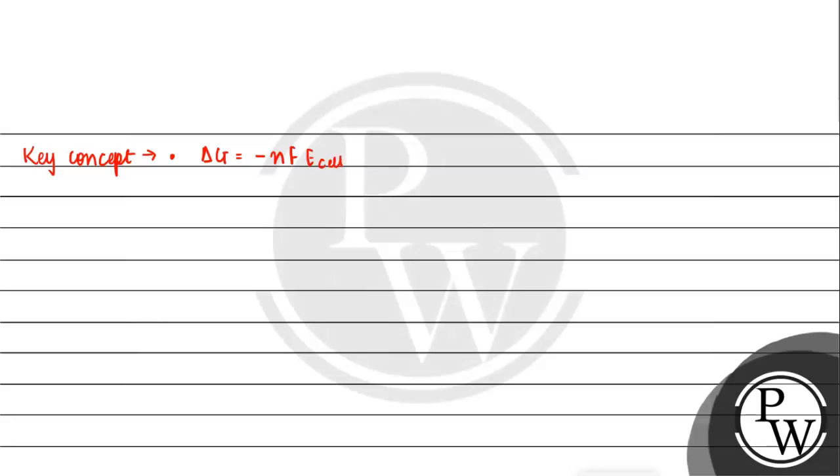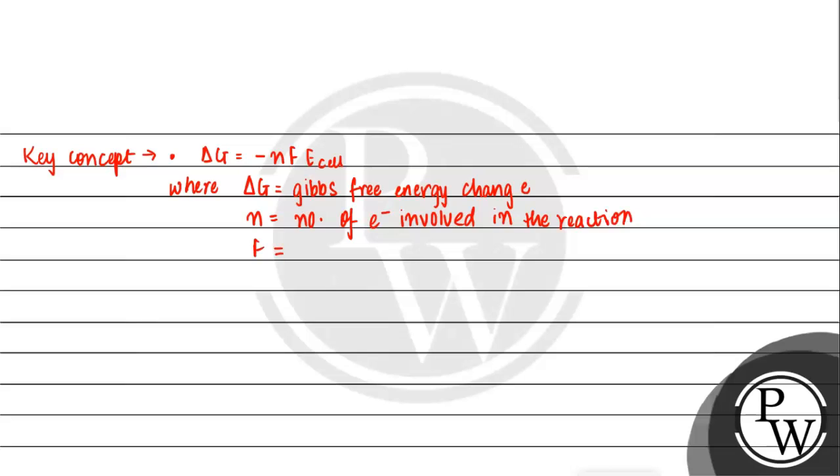That means, where ΔG is Gibbs free energy change, n is number of electrons involved in the reaction, F is Faraday's constant, and E cell is EMF of the cell.